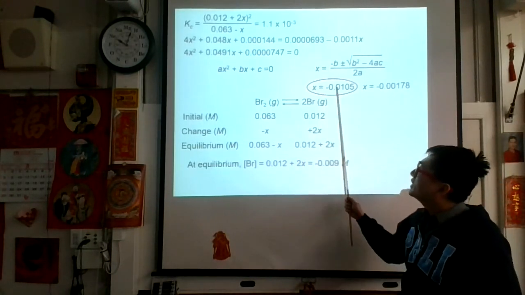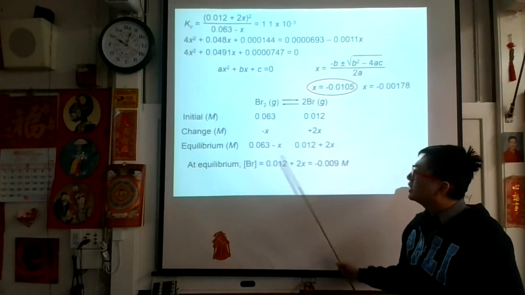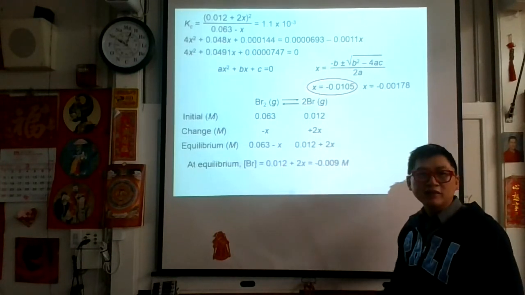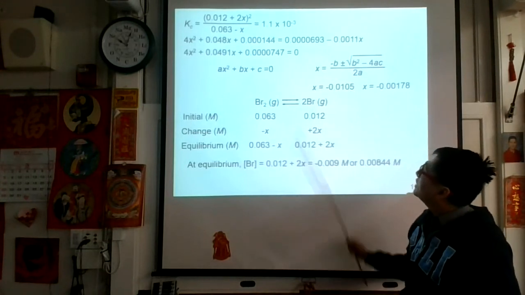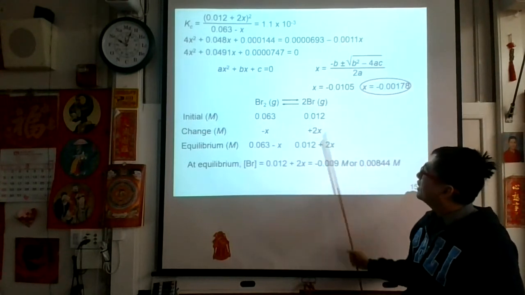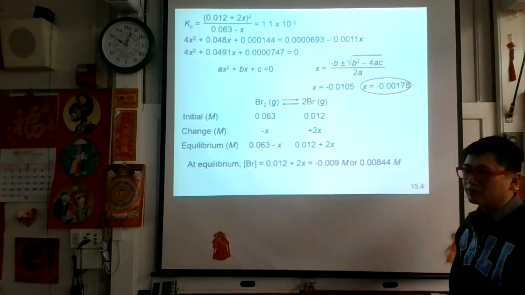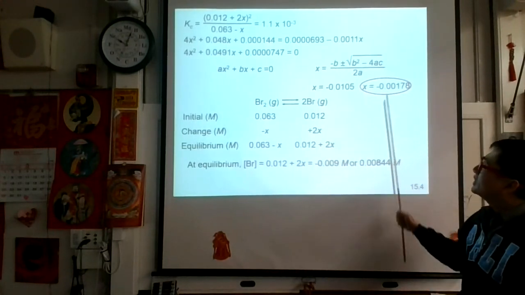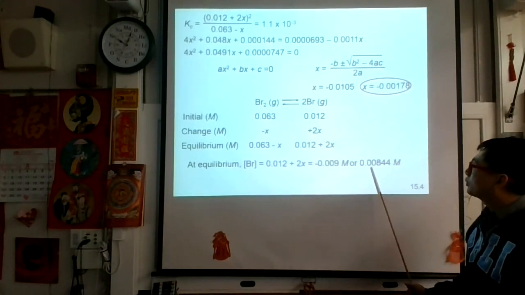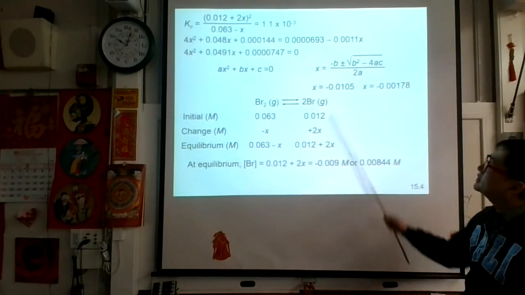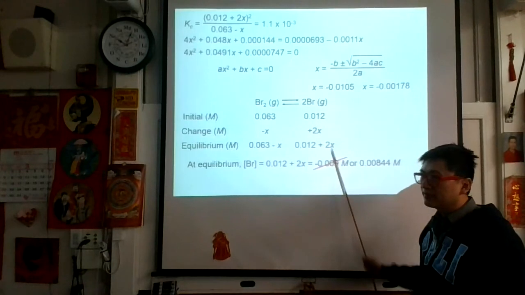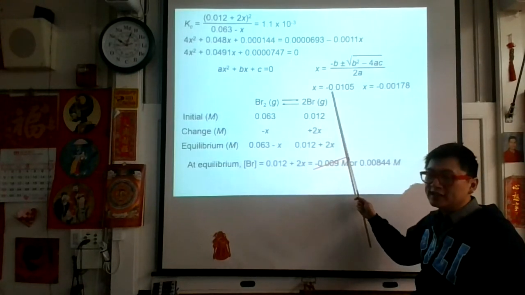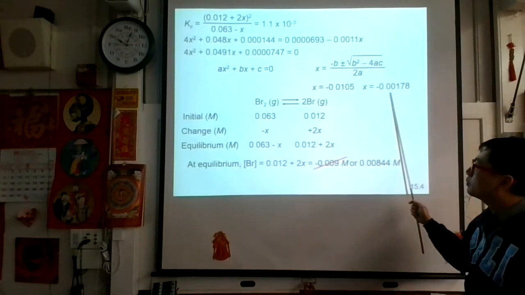I can't plug in that value, the one that's circled, for Br, because I'll have negative molarity. You can't have negative molarity. If I plug in this other value, I get a positive number, 0.00844. What that means is this one here gives me an extraneous answer. This is the correct value for x.